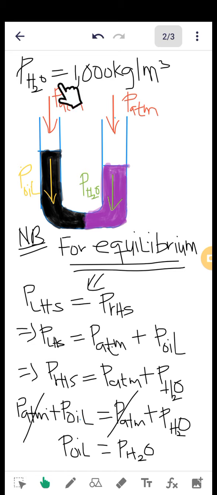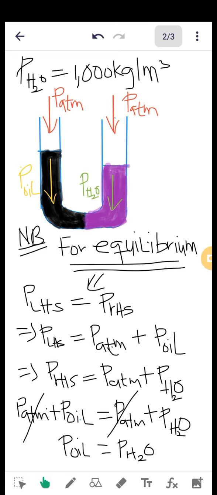So there is an atmospheric pressure acting downwards on the left-hand side, and also another atmospheric pressure acting downwards on the right. For this system to be in equilibrium, the pressure on the left-hand side, LHS, should be equal to the pressure on the right-hand side, RHS. This is our assumption for the system to be in equilibrium.